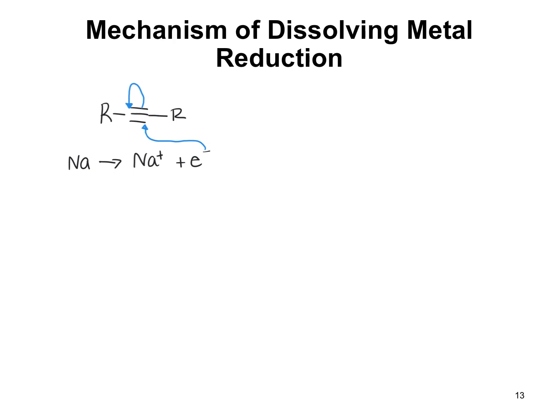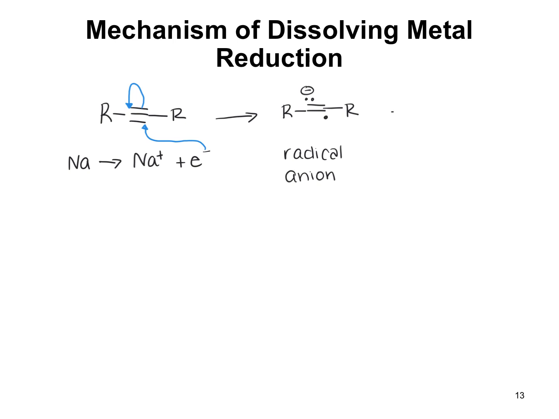Now, this forms a radical anion, where we have one unpaired electron here. So I want to remind you that that one unpaired electron means that it's a radical. It's carrying a negative charge, and that's what makes it an anion.